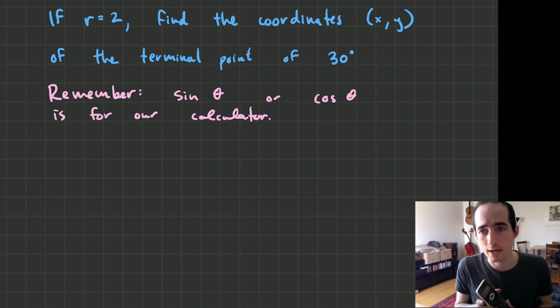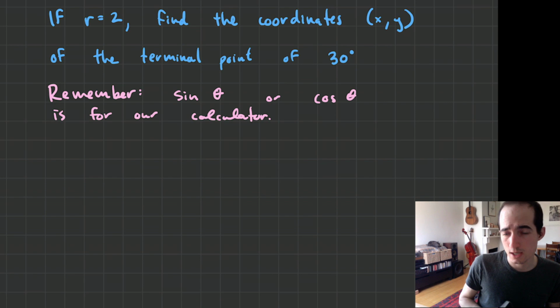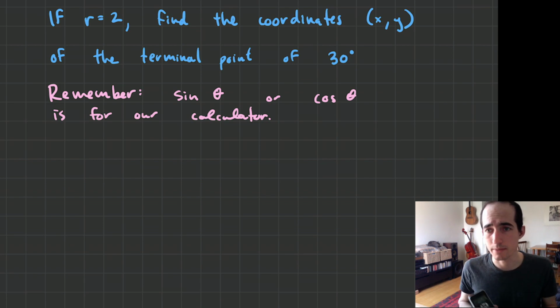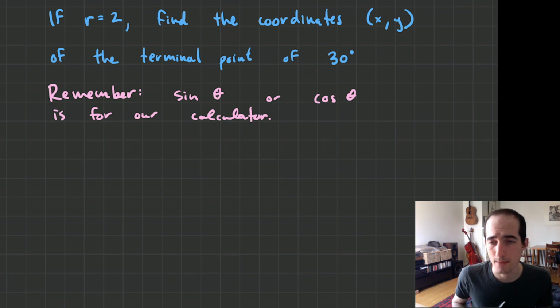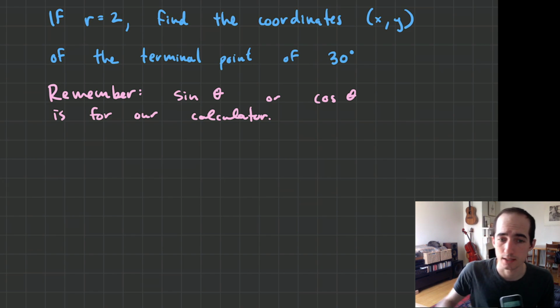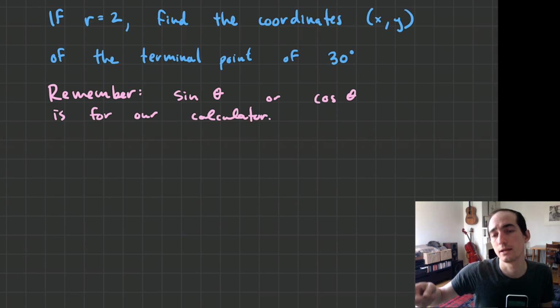Everyone knows what a degree is, right? You've got 360 degrees, 180 degrees, 90 degrees, we all know what that means. Radians is more of a mathematical interpretation of what an angle is, and it turns out that you have 2 pi radians in a full circle.